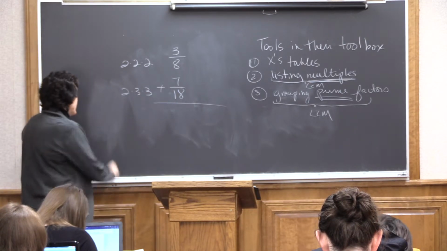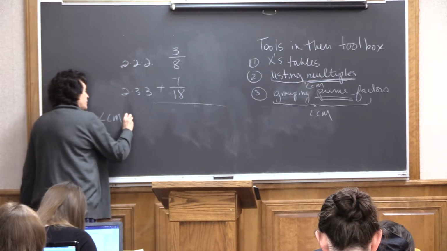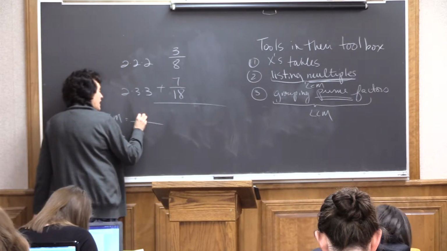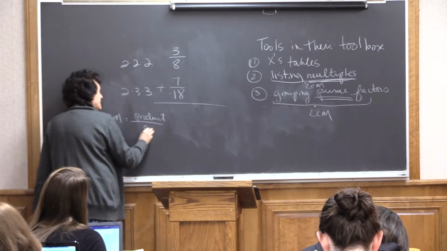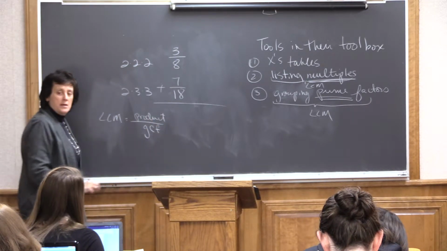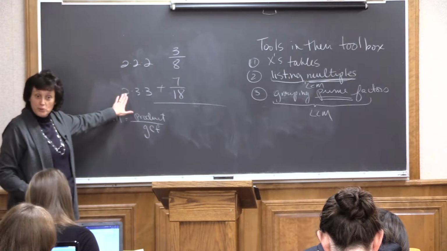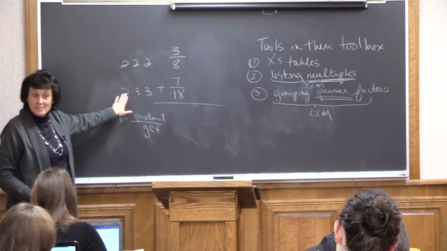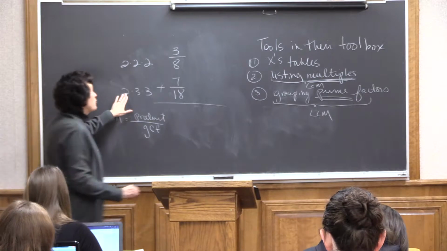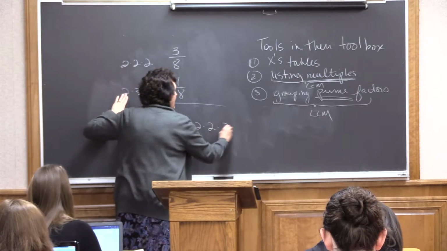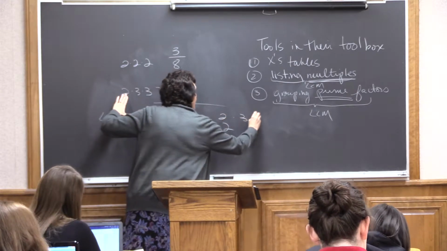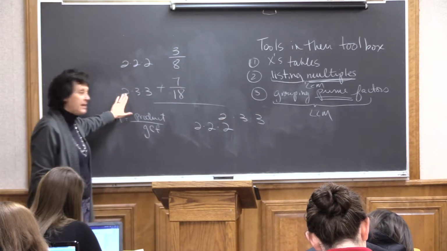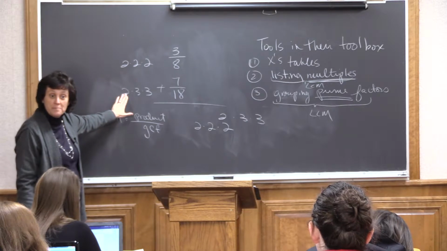Remember, we can always find the least common multiple by dividing the product of the two by the greatest common factor, because we do not need this 2, do we? What we can do is group the factors of 8 with the factors of 18 and see we overlap at 2, don't we?